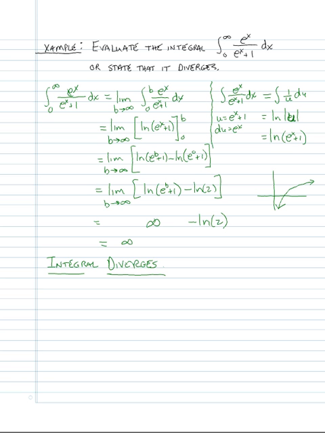So this is really the limit as a approaches negative infinity of 0 minus the inverse tangent of a. Well, we're not out of the woods yet. That's just the limit as a approaches negative infinity of the negative of the inverse tangent of a.